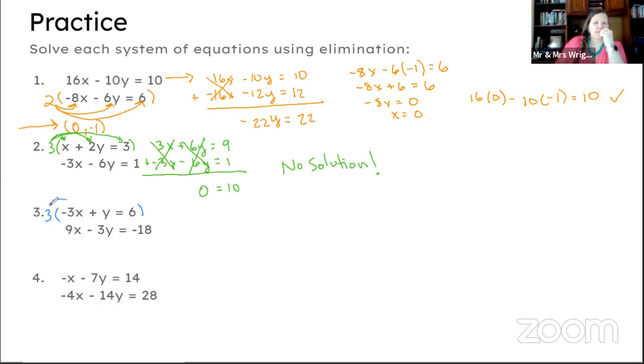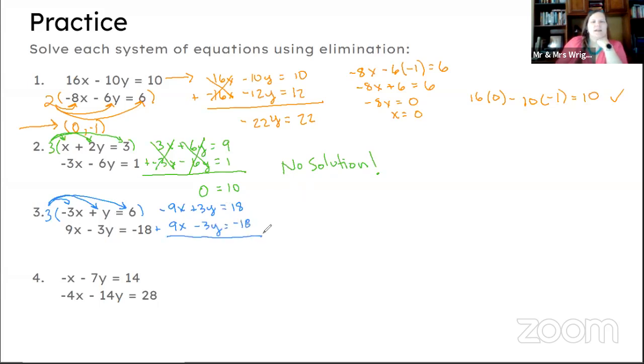So I've got 3 times -3 is -9x. 3 times y is going to be a +3y. And 3 times 6 is going to be a +18. Now I want to add in the second equation. Plus 9x minus 3y equals -18.